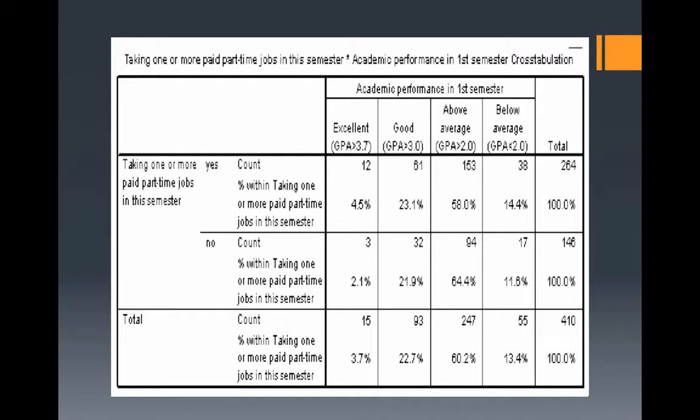You would note that there was a higher number of people in the yes count than in the no count, but regardless, you have 58% in the yes and 64.4% in the no. You would talk about both of those in your write-up, but you would also point out that more than half of the participants were above average, whether they had a job or not. It tells you exactly what's going on.